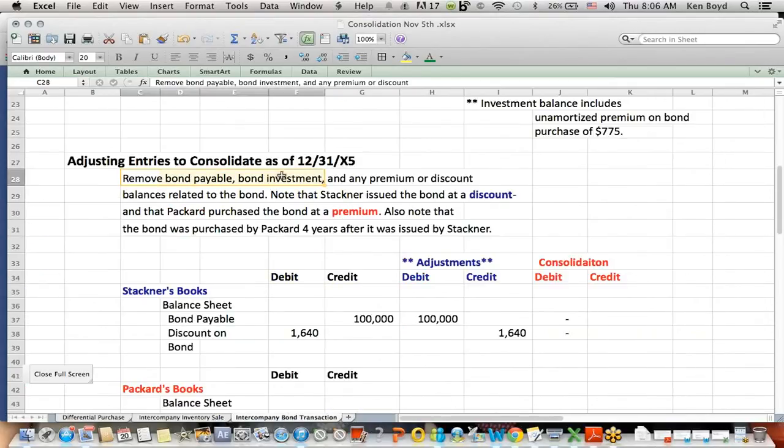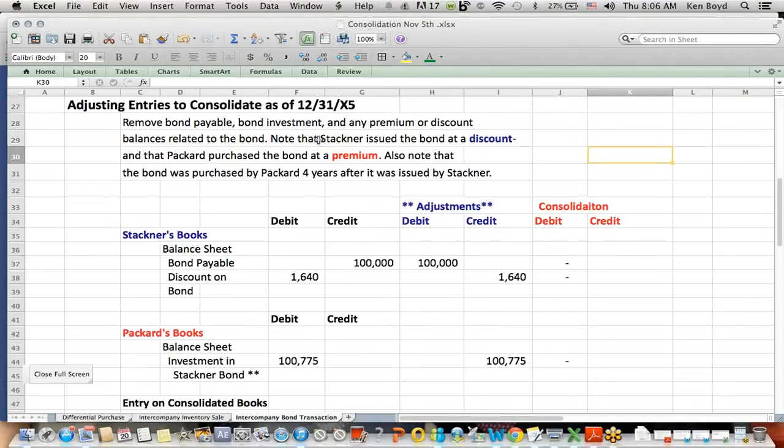Because we need to remove a bond payable for the issuer, a bond investment for the buyer, and any premiums or discounts related to both of those. And I wrote also that Stackner issued the bond at a discount. The parent purchased the bond at a premium.